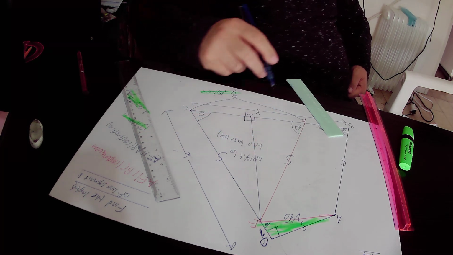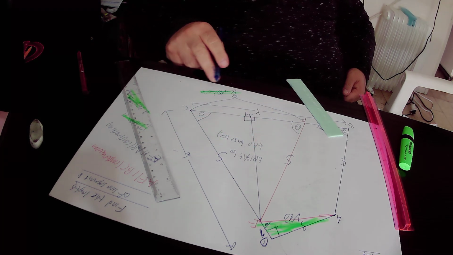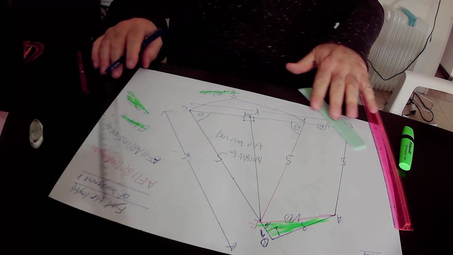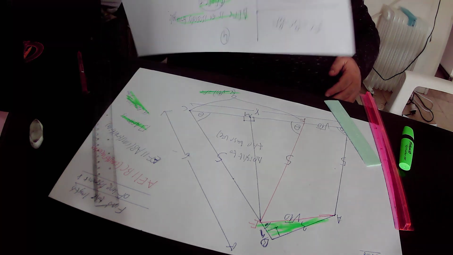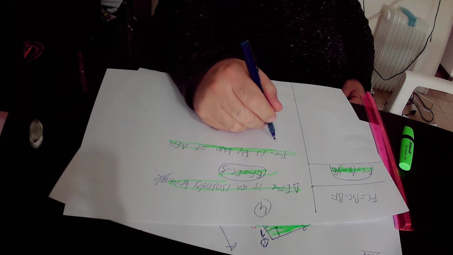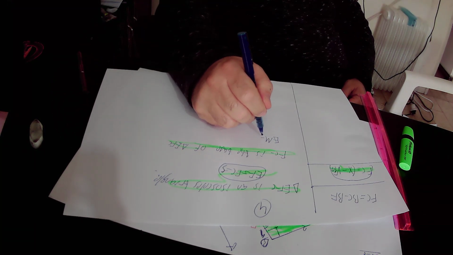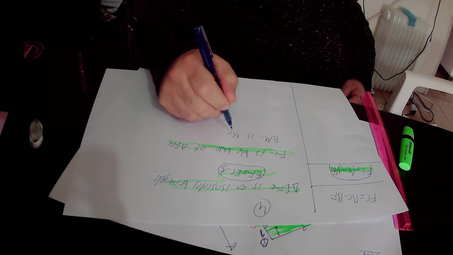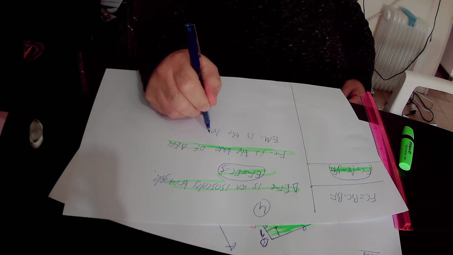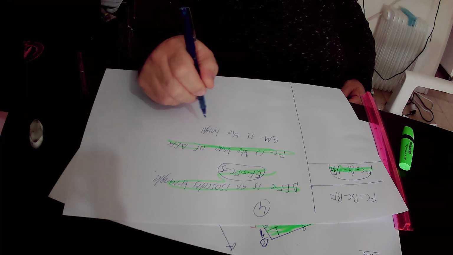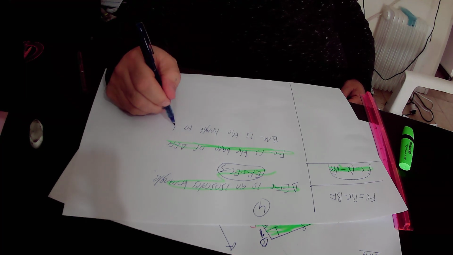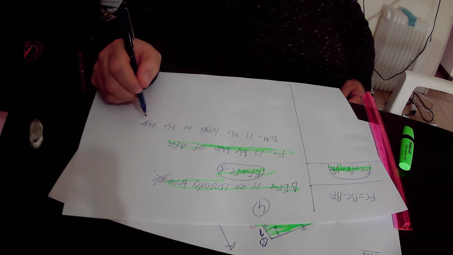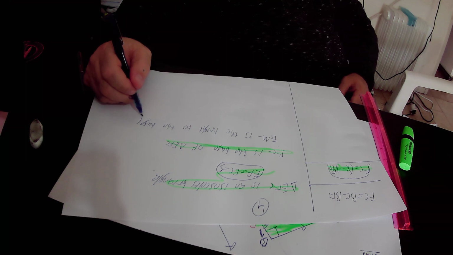So EM is the height to the base, and the base is FC, to the base of the isosceles triangle, triangle EFC. I will write it down. EM is the height to the base, and the base itself is FC.